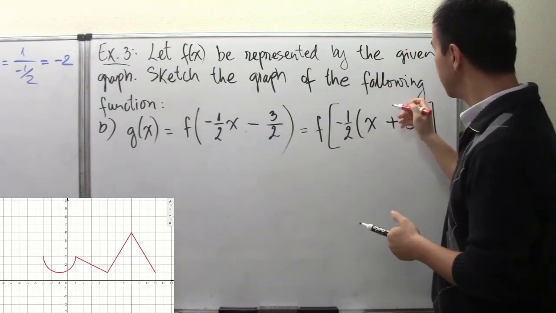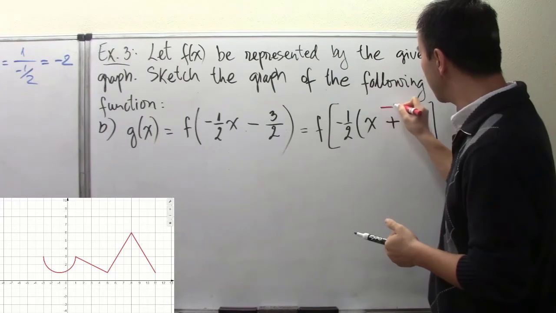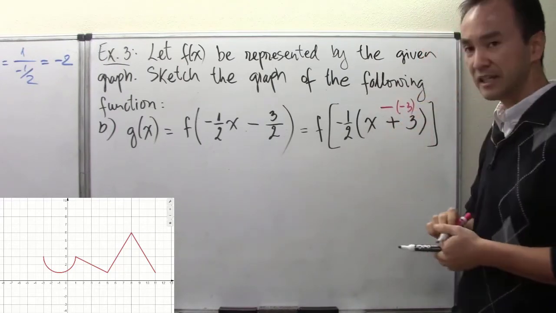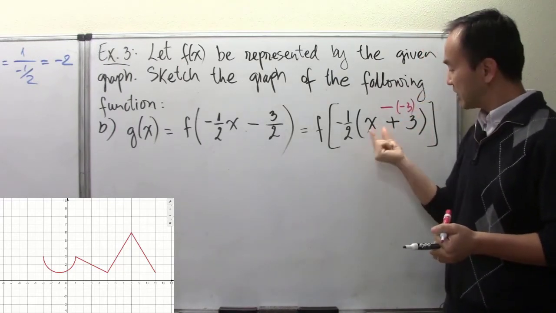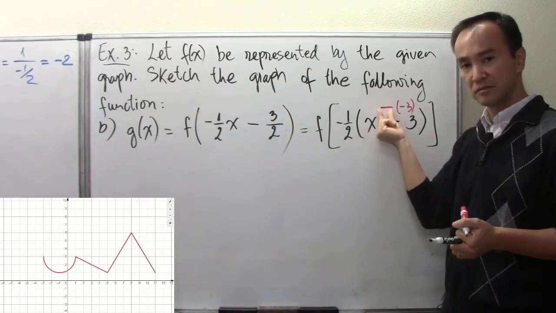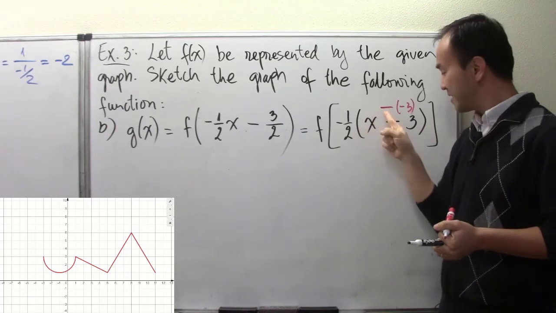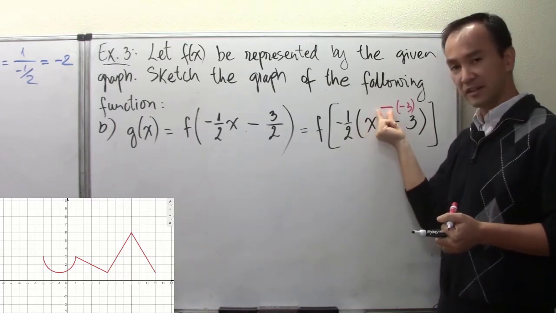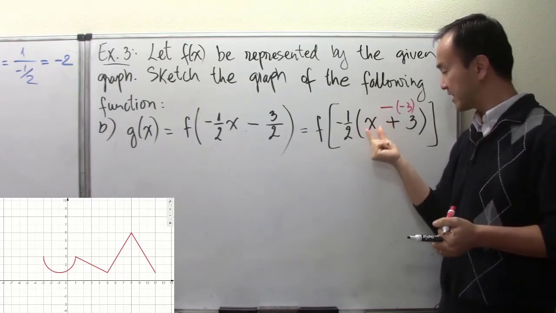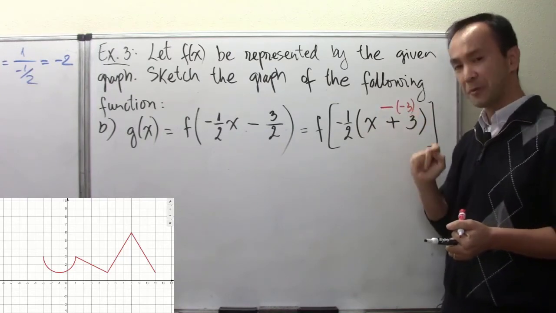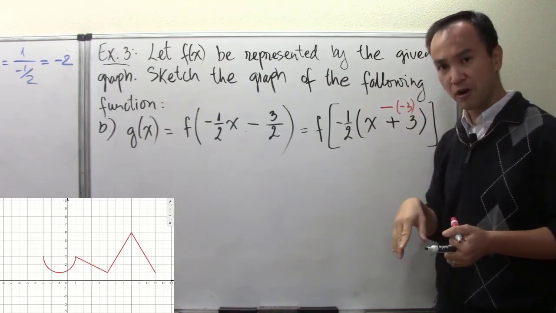I see this plus 3 as the same as minus negative 3. And so that means here we have a horizontal shifting, because it brings up x minus, subtraction, but then we're subtracting a negative 3. Okay, and so we will put all that together.